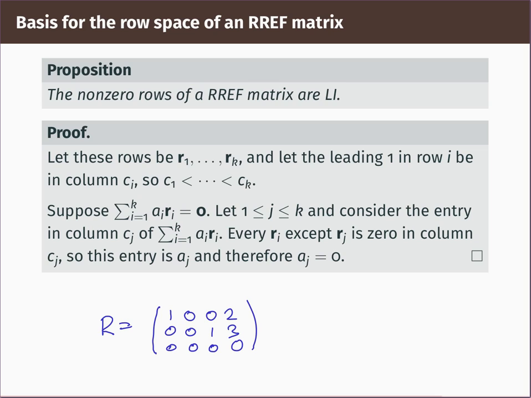Then in that case, k would be equal to 2, because there are two non-zero rows. C1 will be the column of the leading one in row 1. So C1 is here, and that's equal to 1. C2 will be the column of the leading one in row 2. So C2 will be equal to 3.